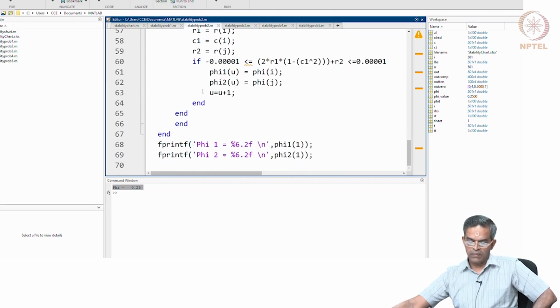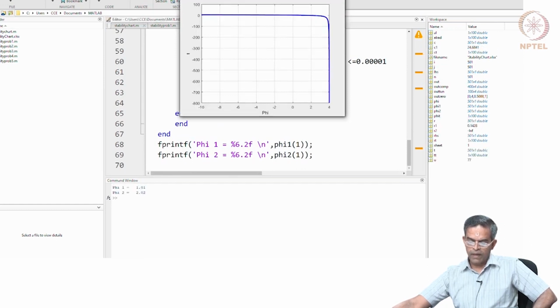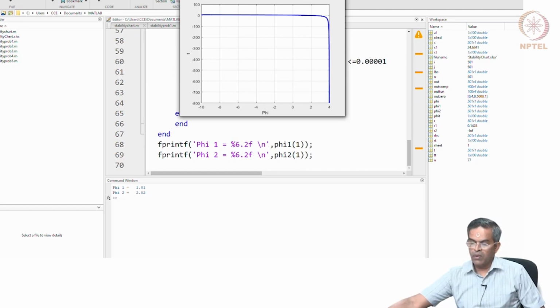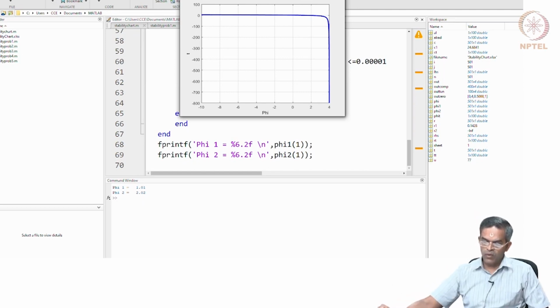This is the control equation here, okay. So, we have developed this control equation, applied this and wrote an algorithm, and then we run this program. So, forget about these plots, we get phi 1 as 1.01 and phi 2 as 2.02, okay.